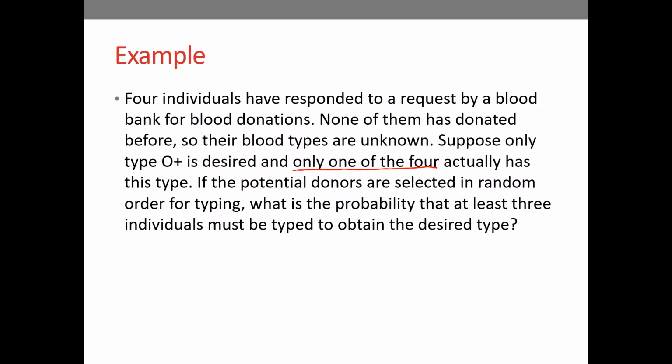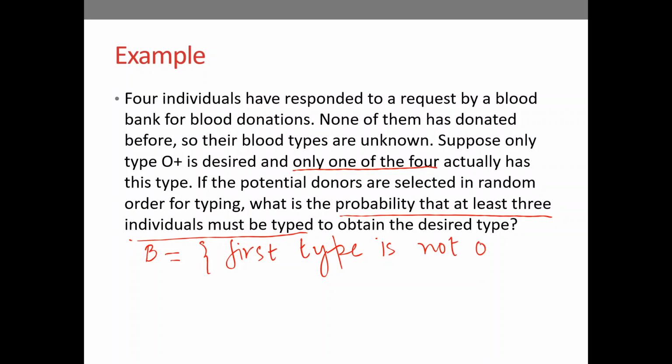Okay, if we pay a little attention to the way the question is framed, we are trying to find the probability that at least 3 individuals must be typed to obtain the desired type, which means somehow the first 2 should not have the type O. If you think about it, this is what this problem is stating. So let's say B is the event that the first person typed is not O positive.